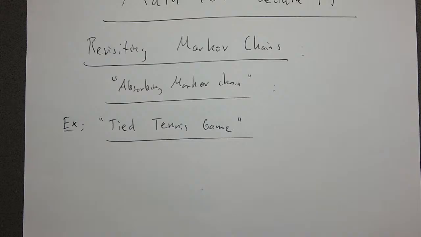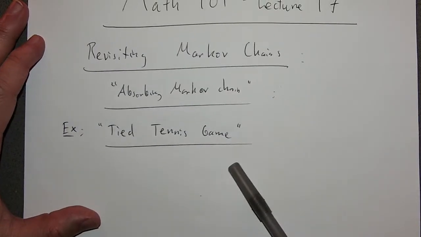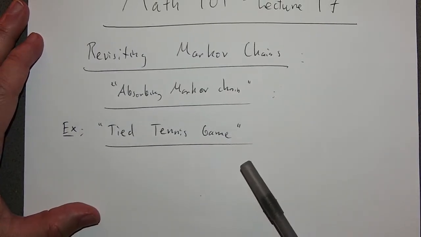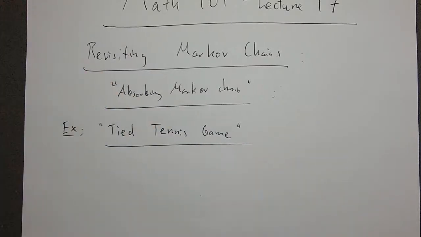Now, I'm not going to use the actual number convention that tennis uses. If you're familiar with how tennis is played, a tennis match between two players consists of some number of sets. If you're talking men's professional tennis, you're playing it like a grand slam, there's 5 sets.